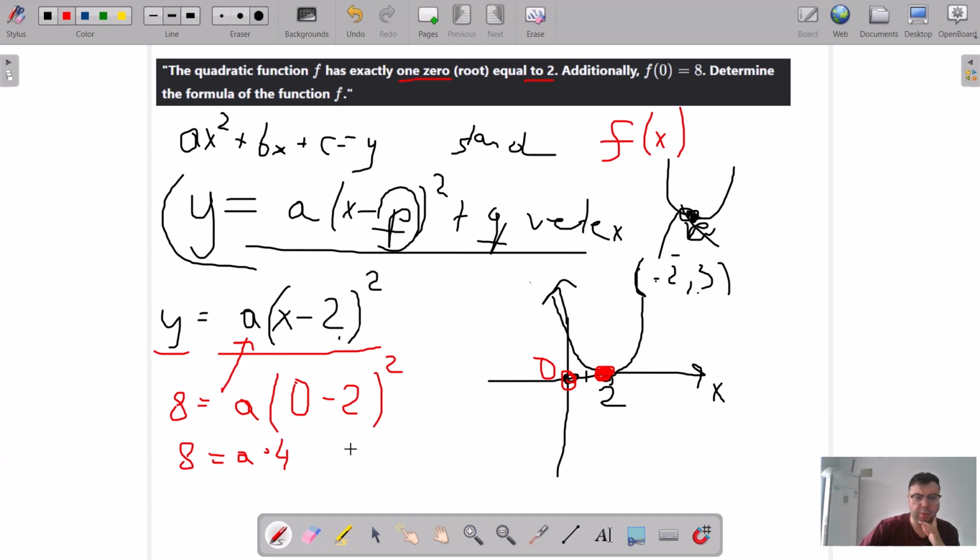So we see 8 equals a times 4, or 4a equals 8. We divide by 4, and you can clearly see that a equals 2. We got our solution.